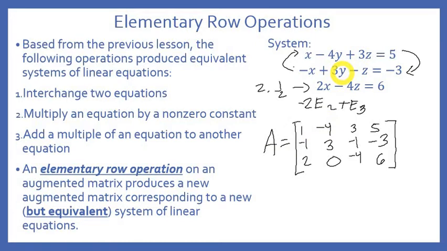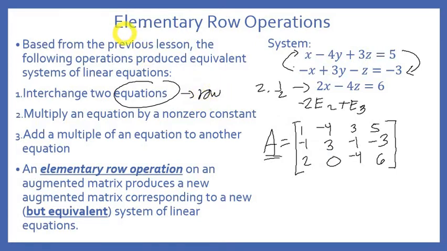And if we do an elementary row operation on this matrix, we're going to get an augmented matrix of an equivalent system of linear equations. But since we're dealing with a matrix, we're not dealing anymore with an equation, but with a row.